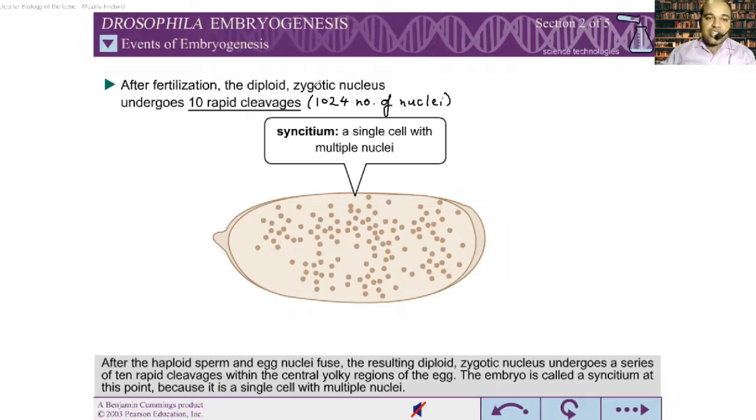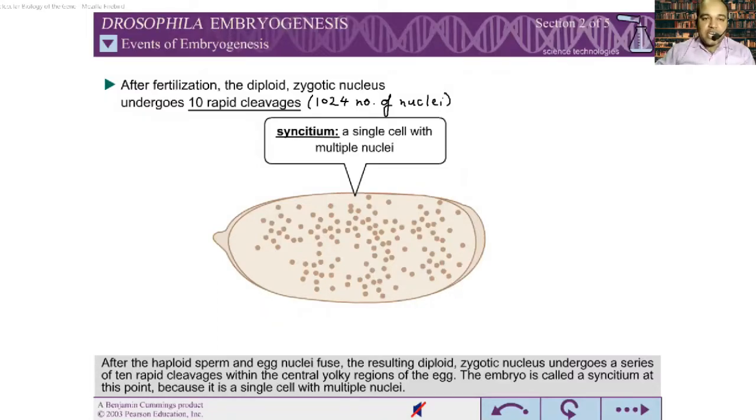A condition in which the cell is single-celled because there is only one cell, but the nuclei are very many, we call this condition syncytium. Such a condition is commonly referred to as the syncytium, and this is the syncytial epithelium. This is the syncytial nuclear condition which is produced during the embryogenesis of Drosophila melanogaster.